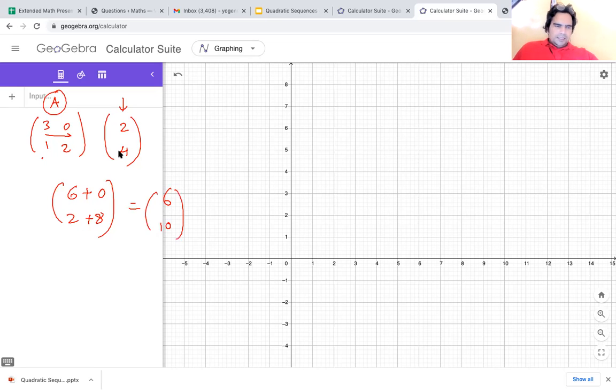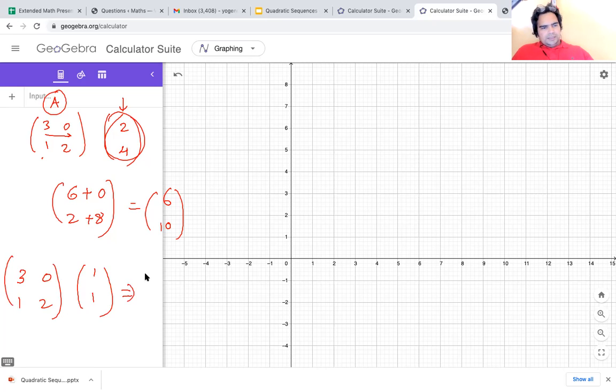Now, the definition of the eigenvalue and eigenvector is this: if I take the matrix [3, 0; 1, 2] and multiply it with a particular vector, for example [1, 1], what I get is 3 times 1 is 3, and 0 times 1 is 0. And 1 times 1 is 1, and 2 times 1 is 2.